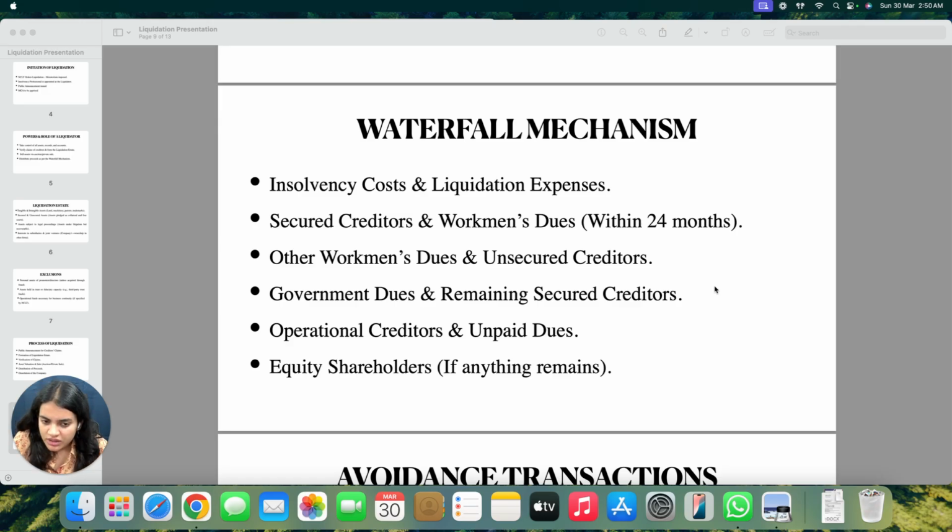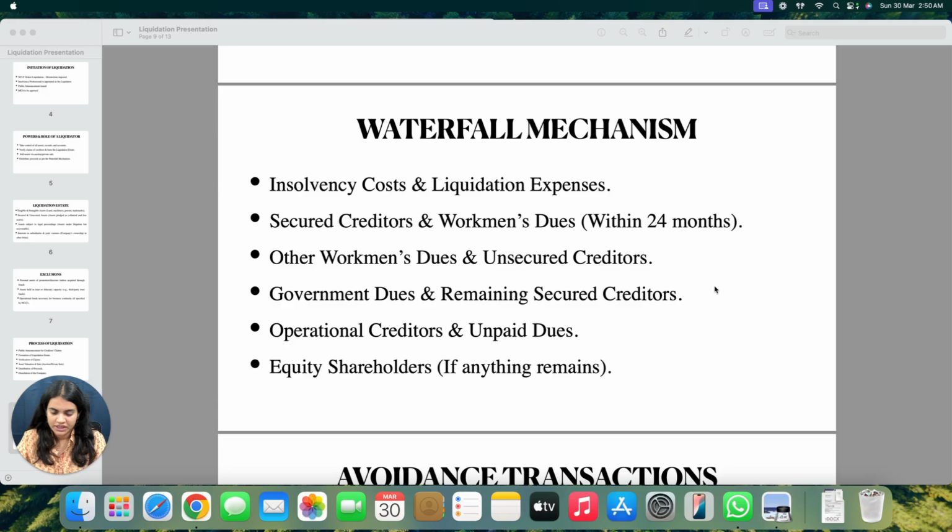So secured creditors, if they choose not to relinquish their security interest into the liquidation estate, may inform the liquidator about their decision. Once such information is provided, the liquidator will then have to look for a buyer for that particular asset.